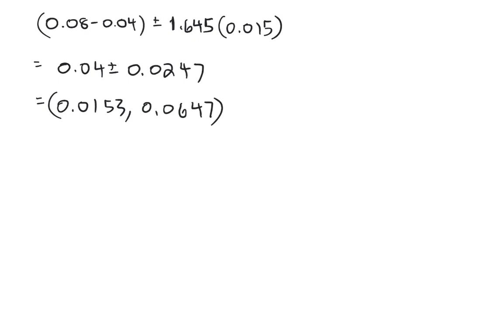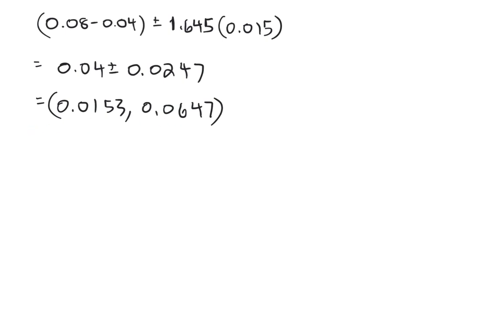So we are 90% confident that the true difference in proportion of drunk drivers before and after the campaign is 1.5% to 6.4% roughly, or 6.5% roughly, and that's before minus after. So that's 1.5% more before and 6.5% more before. So the true proportion difference is somewhere in there.